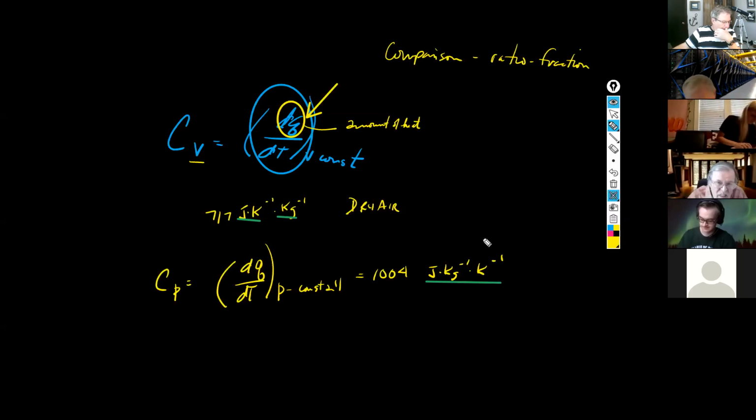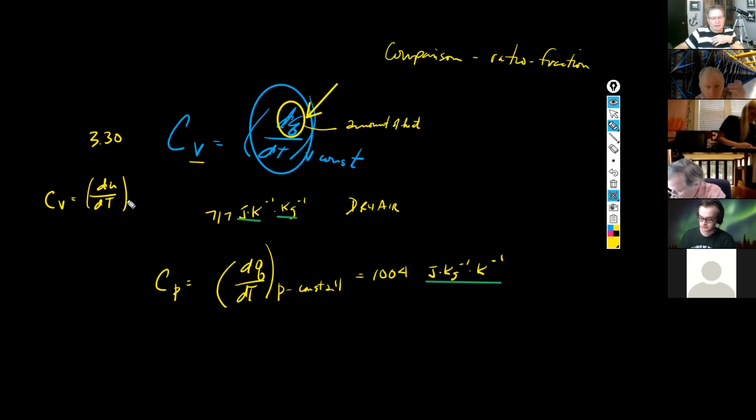Okay. So if you look at 3.30, and then you look at the next one where it says CV is equal to dU dT when the volume is constant, how do I go from dQ dT to dU dT?